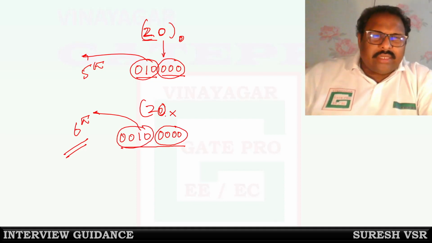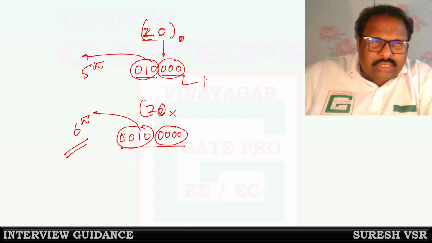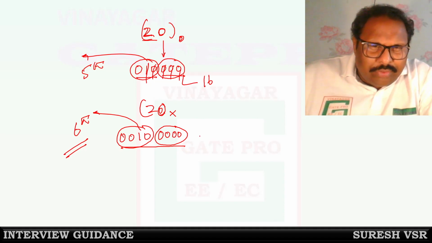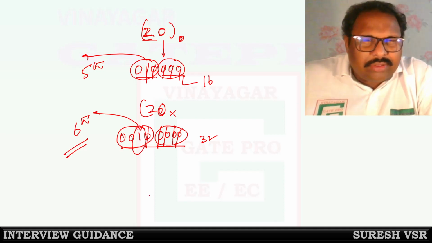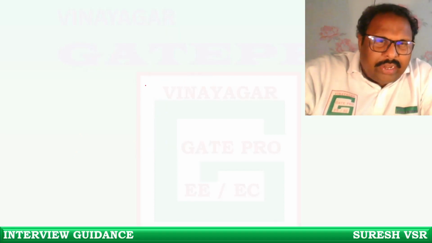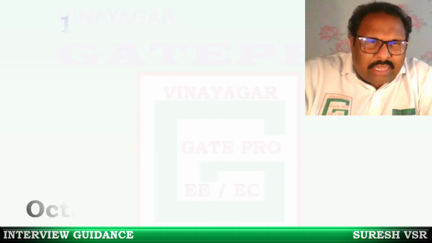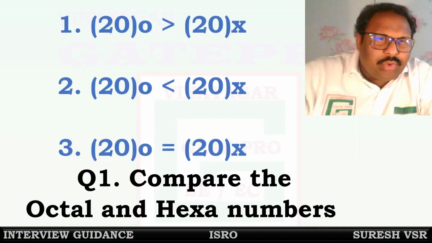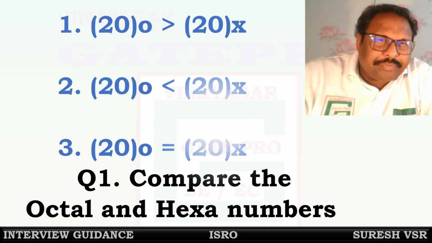So that's quite easy. This should obviously give you 16, because 2 power 0, 2 power 1, 2 power 2, 2 power 3, 2 power 4. The other should give you 32 because it's 2 power 0 up to 2 power 5, and 2 power 5 is 32. So very clearly 20 in hexa is greater than 20 in octal. That's how you can answer it when they ask you to compare.